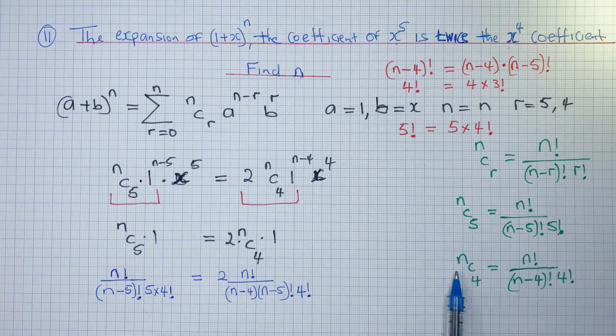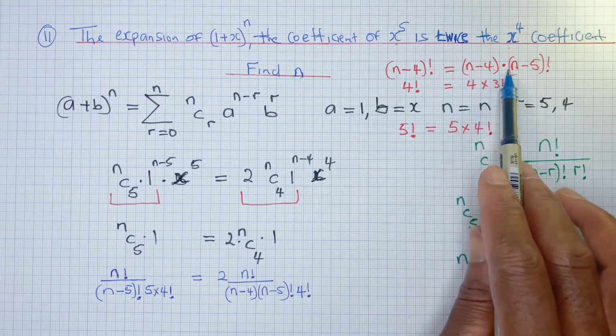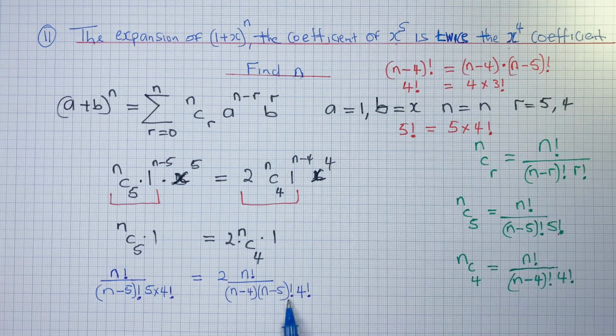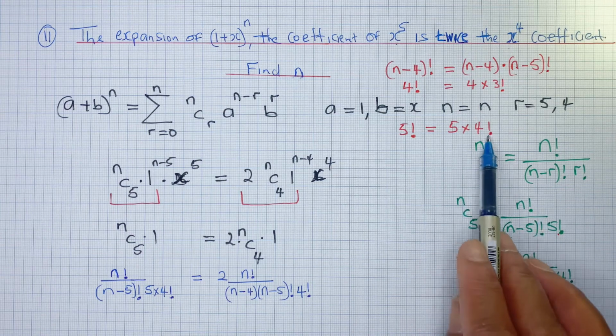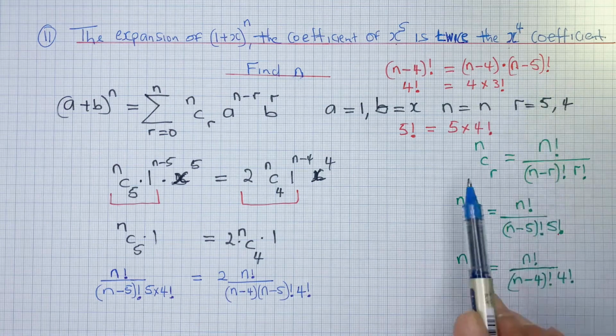I'm also writing n combination 4, which is 2 times n combination 4. So that's n factorial over n minus 4 factorial, which is n minus 4 times n minus 5 factorial. So I've just replaced that here. I'm swapping the 5 factorial with this one and n minus 4 factorial with that one.